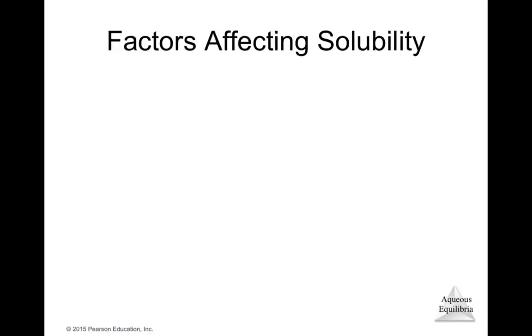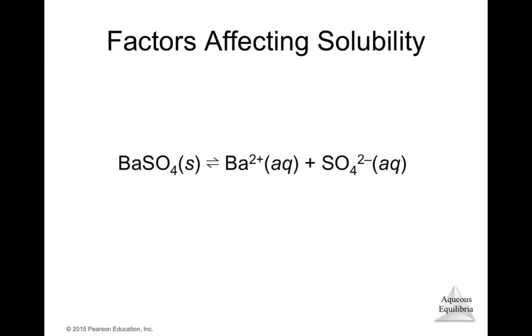Now, there are some factors that could affect the solubility of a solid. Let's see this example that we saw at the beginning of this module. Barium sulfate producing barium plus sulfate. What can we do to affect the solubility, to decrease this solubility?